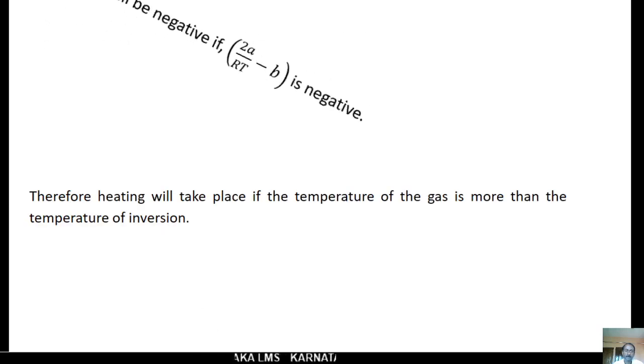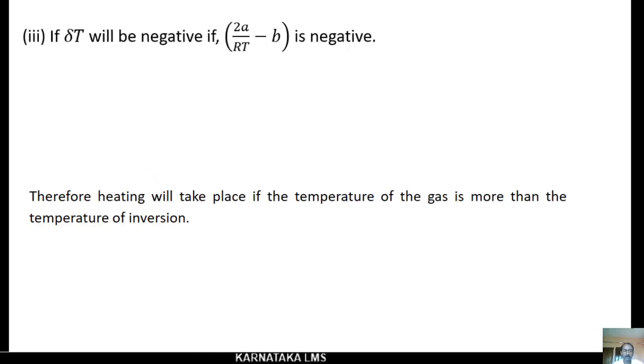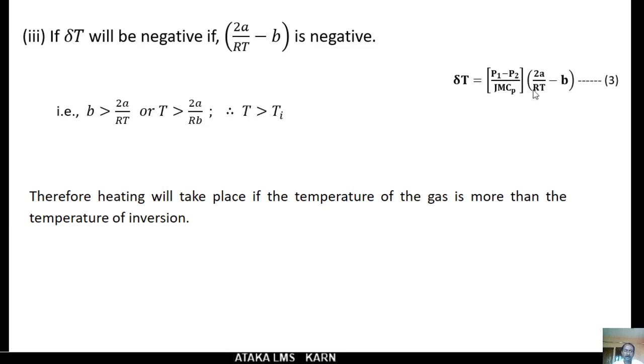The third conclusion: if delta T is negative, then the term 2a by RT minus B is negative in equation 3. That is, the constant B is greater than the term 2a by RT, or T is greater than 2a by RB.